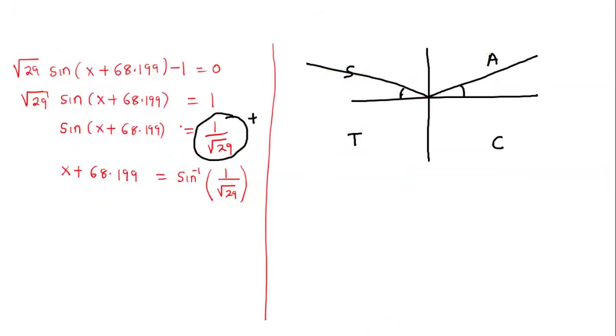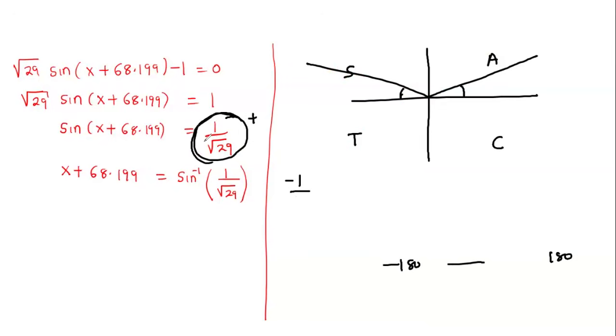So since it does not call for negative, then we shall not look at the negative. But next time, they may give you a negative domain, maybe negative 180 to 180. For such a case, you are going to say that because of a square root, it yields a plus and minus. So you'll consider negative 1 out of the square root of 29.